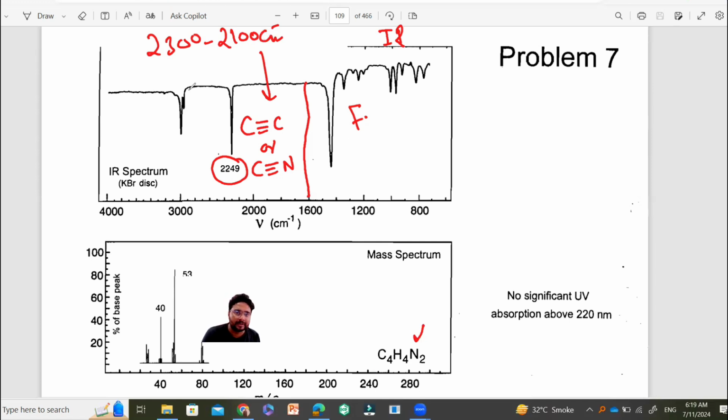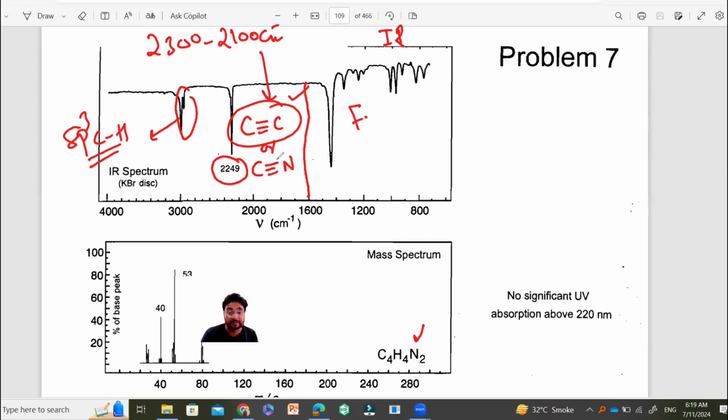Now we are getting a signal, which, as I have repeated several times, is the sp3 CH stretch, and most compounds contain this signal. The IR provides information on whether there is a carbon-carbon triple bond.